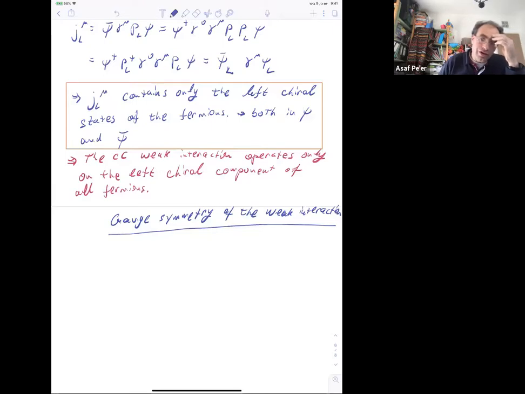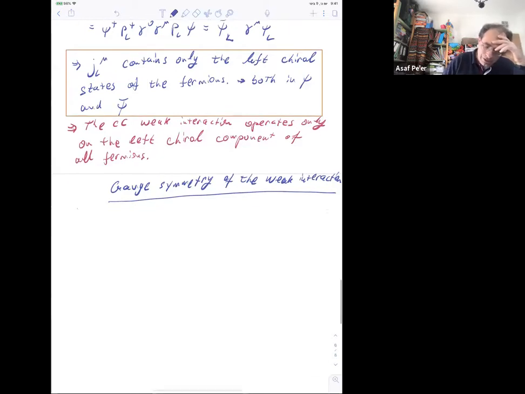For the strong interaction, it was slightly more complicated, the SU(3), but the mathematical structure was identical. For the weak interaction, we can also specify a gauge symmetry, which is the SU(2)_L. It's a bit in between the SU(3) of the strong and the U(1) of the electromagnetic. The L is to remind us that this group operates only on the left-handed chiral fermions.